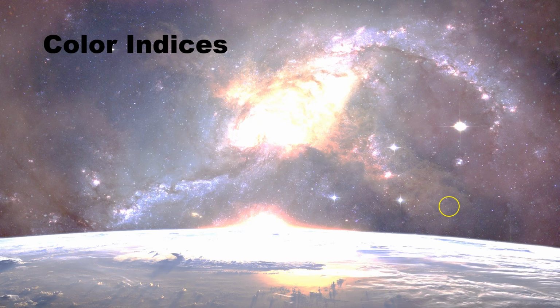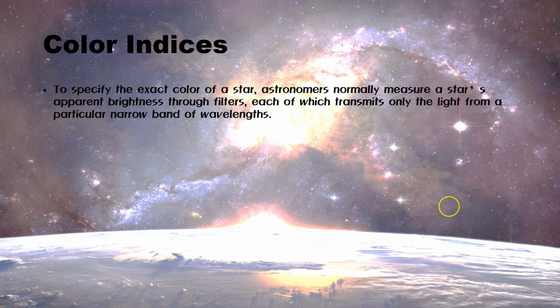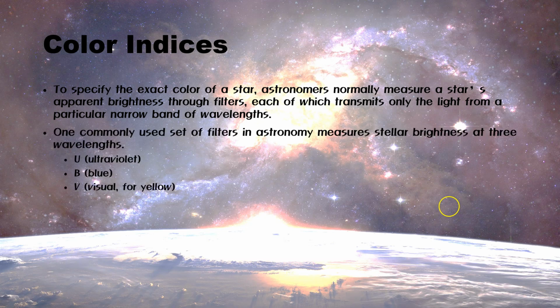Now, the color indices are important when we are looking at stars, because if we want to specify the exact color of a star, astronomers normally measure a star's apparent brightness through various filters, each of which transmits only the light from a particular narrow band of wavelengths. One commonly used set of filters in astronomy measures the stellar brightness at 3 different wavelengths: U for ultraviolet, B for blue, and V for visual, or what we like to think of as yellow.